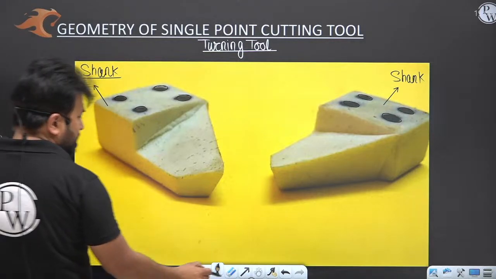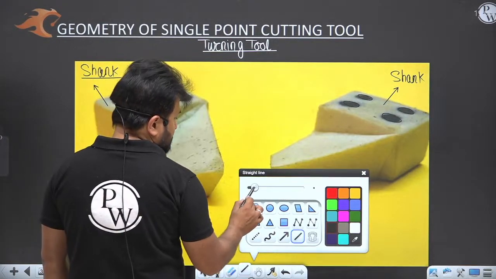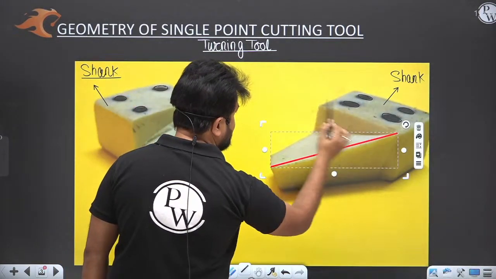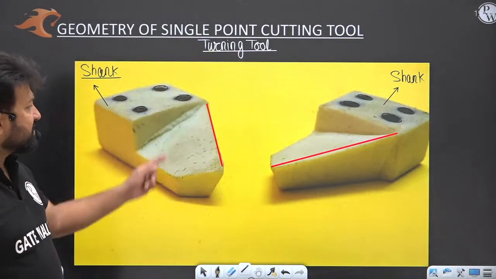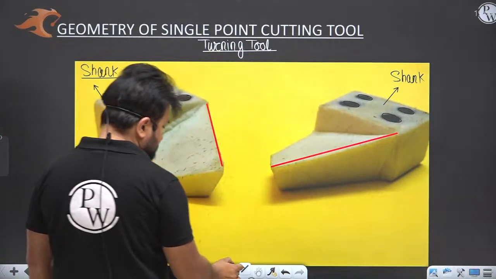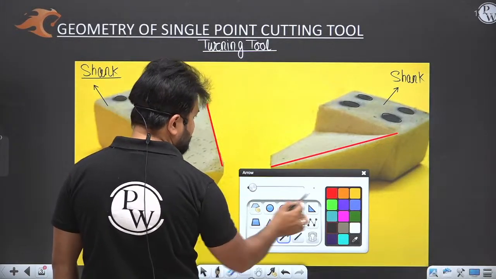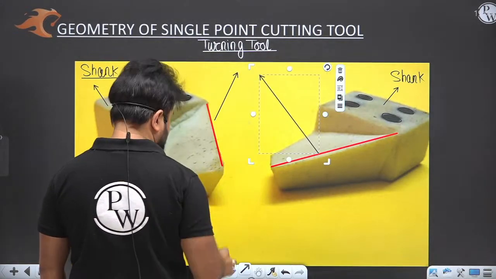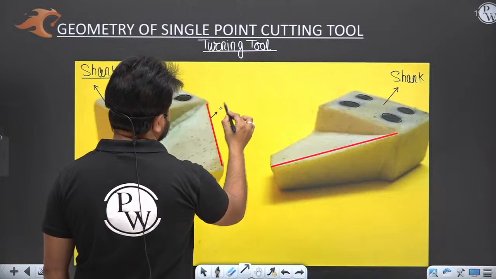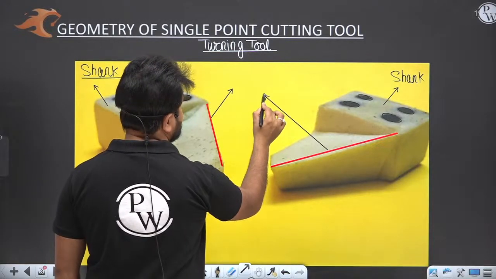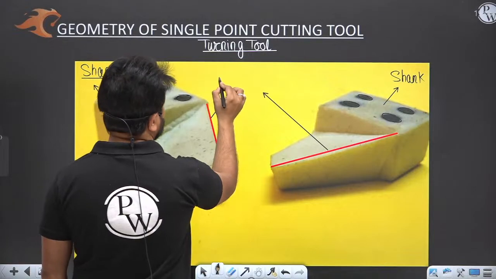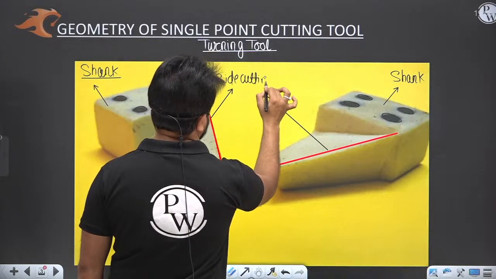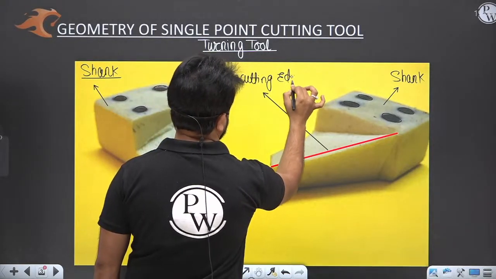Now, my dear, here please see, both these edges are the same. This edge is known as the side cutting edge, the principal cutting edge.